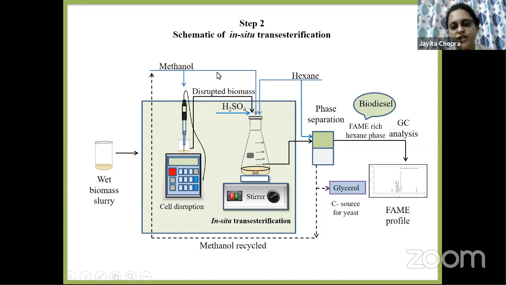The reagents for transesterification, like sulfuric acid as catalyst, and methanol and hexane were added to the disrupted biomass, and the neutral lipid fraction was selectively converted to fatty acid methyl esters, which were then analyzed by gas chromatography.